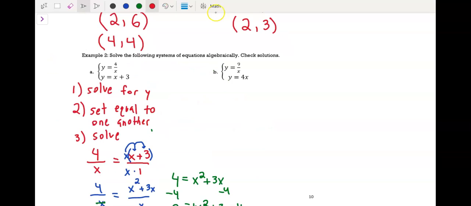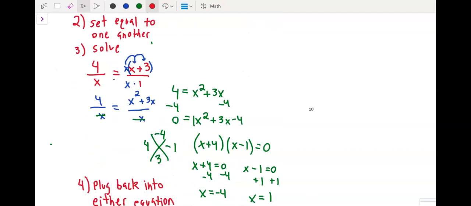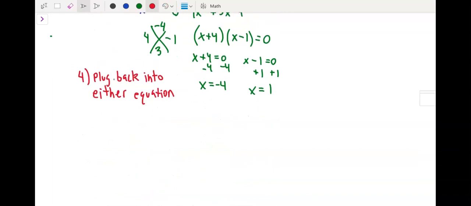So personally, I think that this x plus 3 equation is easier. So when I come down here to my solutions, negative 4, I can just plug negative 4 in for x plus 3, which would give me that your y value is equal to negative 1. So I would have the point negative 4, negative 1.